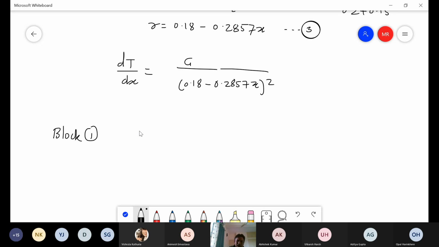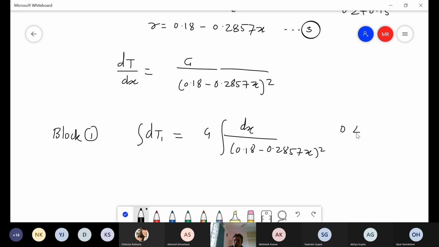For block 1, we can write down this as integration of dT1 is obtained as C1 integration of dx divided by 0.18 minus 0.2857 x square, and this is for x between 0 and 0.2, correct? So this is for block 1.